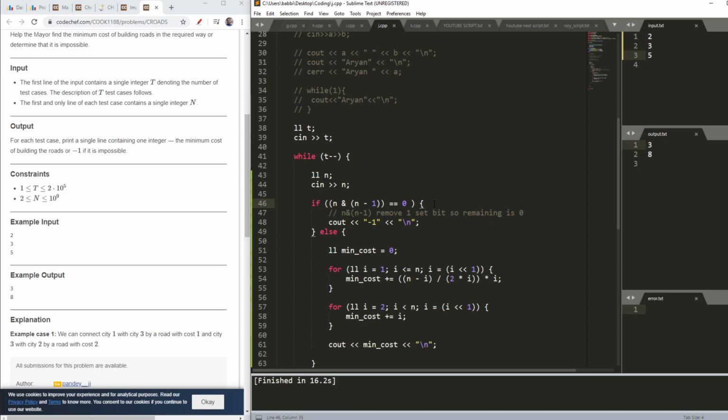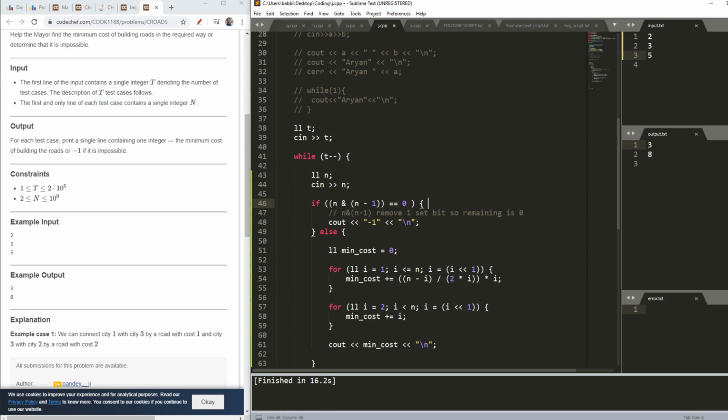And how to check if the number is a power of 2? See, if the number is a power of 2, then it will have only one set bit in its representation. So if it is having only one set bit, I can do n and n minus 1.